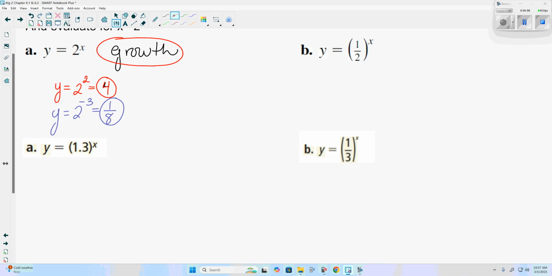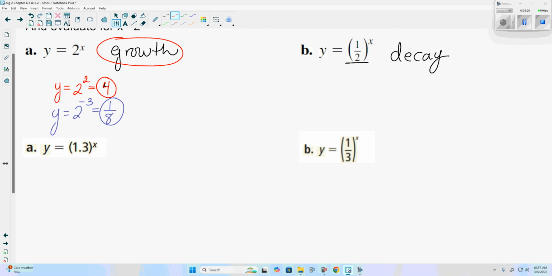Let's look at B. y equals 1/2 to the x. Would this be exponential growth or exponential decay? Decay, because 1/2, is it greater than 1 or between 0 and 1? Between 0 and 1, it's going to be decay.